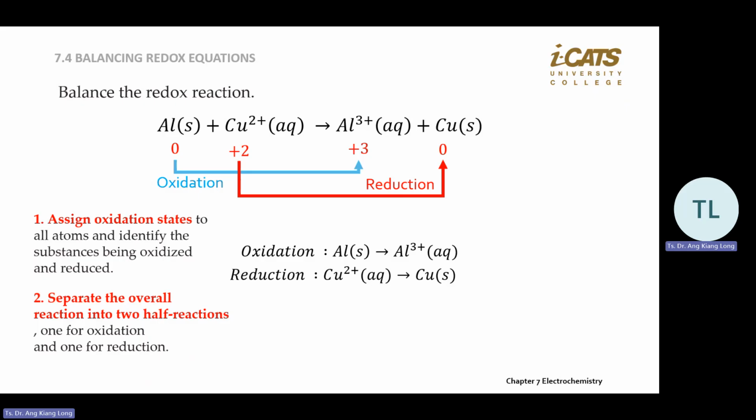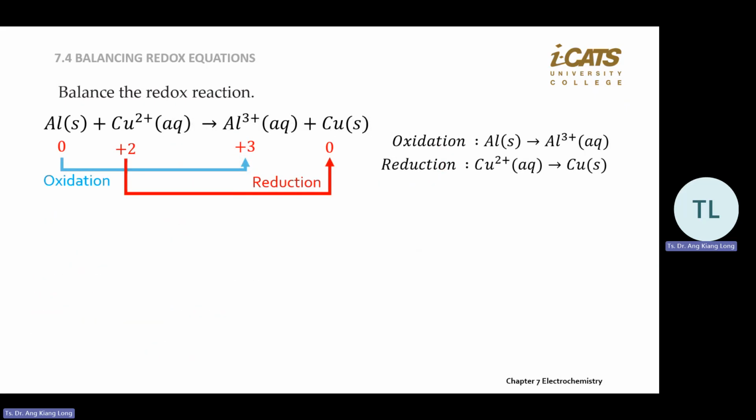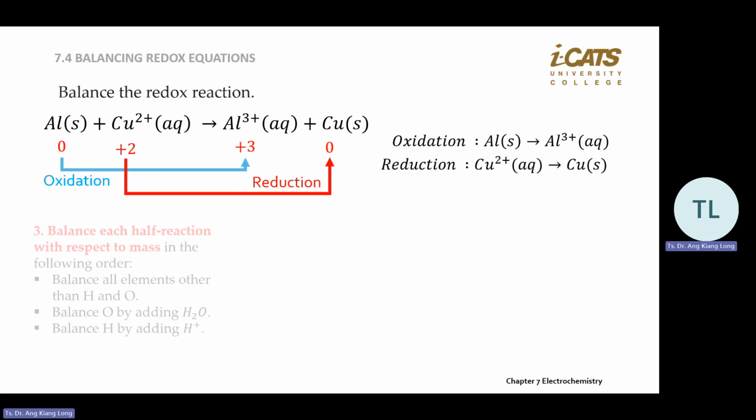The next step will be to put in the electrons. You see 3 plus already. How to become 0? You add 3 electrons. No? How do you balance a 2 negative and 2 plus? You put in 2 electrons. No? It becomes 0 charge. Then you get 2 equations already.